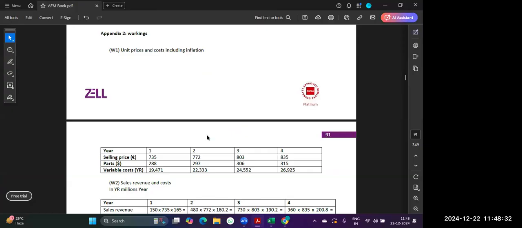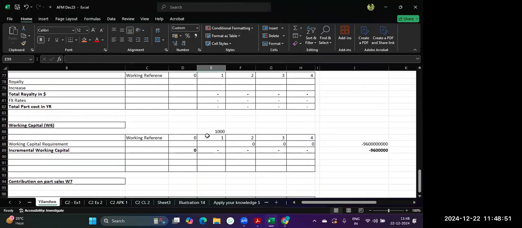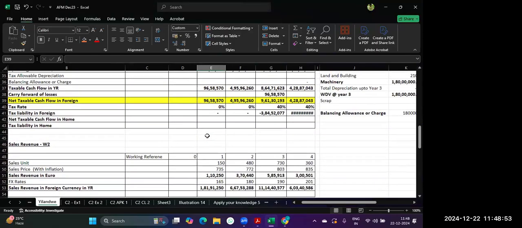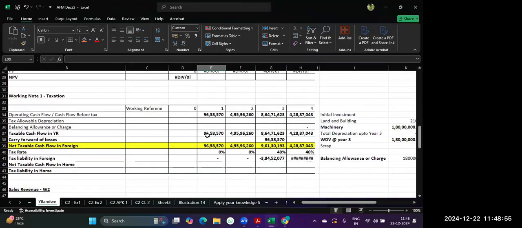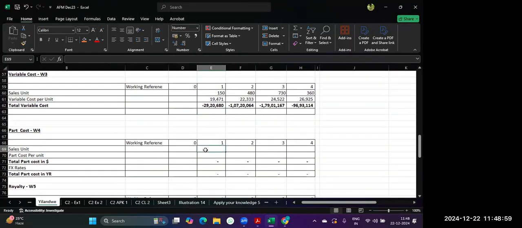Because the sales price of the dollar company will be equal to the cost price of Yelandway. Correct? So what is the sales price in dollars? 280. Now let me put it over here. This is the part cost.